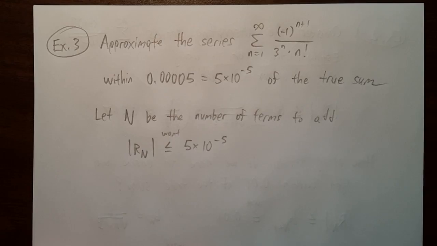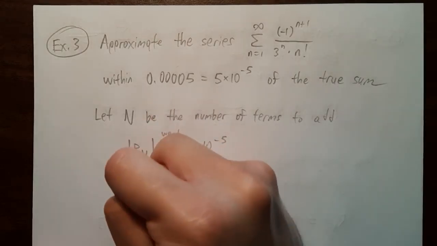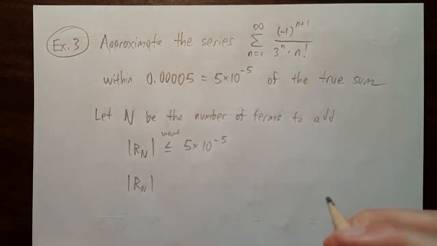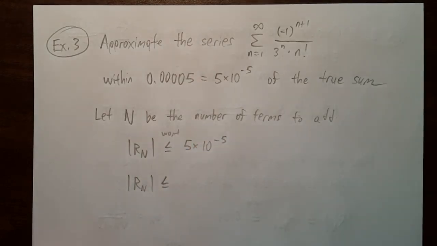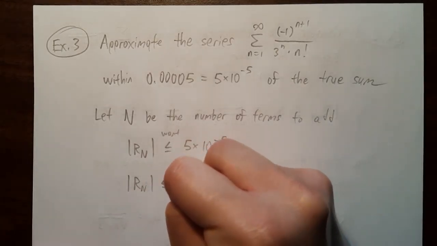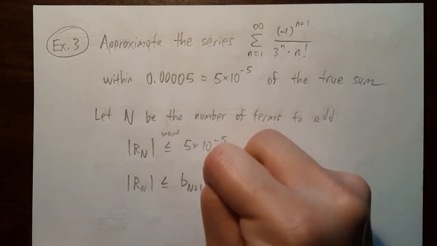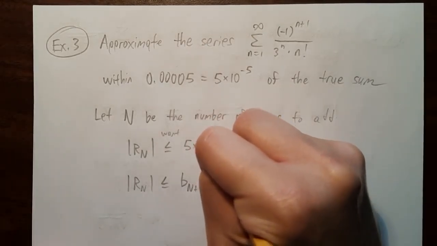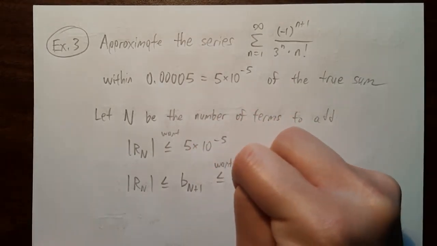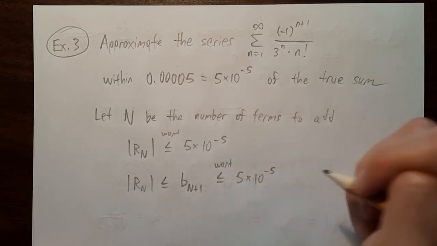We can't do that directly, so we take a slight detour through the upper bound, which is something we can compute. The remainder has to be less than or equal to the first forsaken term, and that's the thing we're going to try to force below the error threshold.